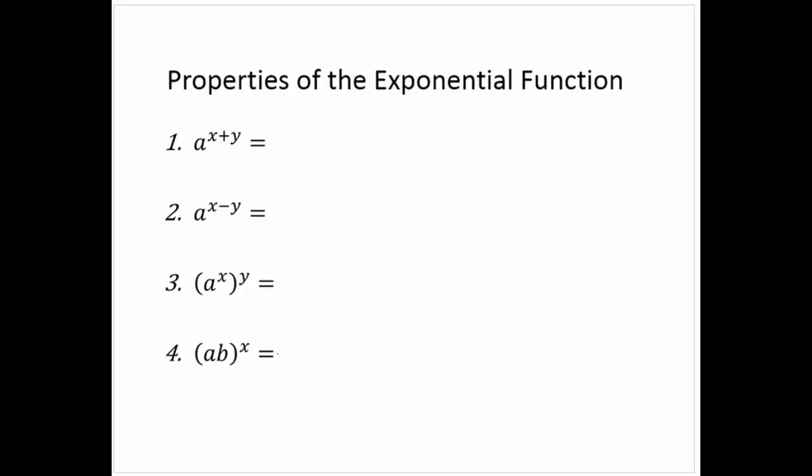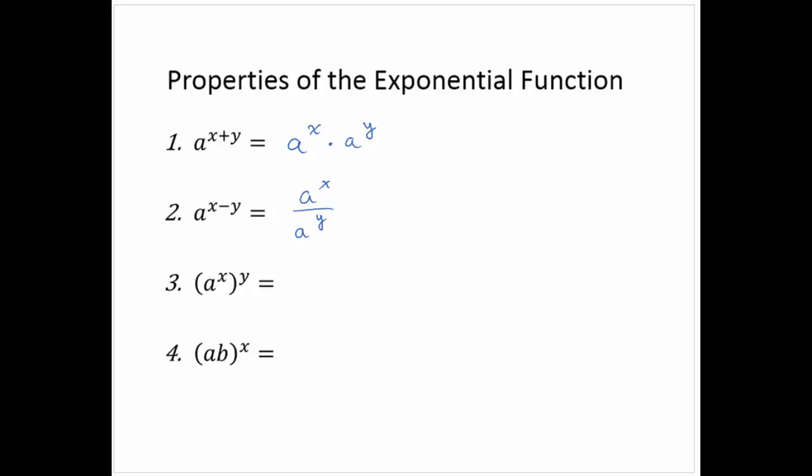Exponential functions have various properties which are important to remember. Recall that if we have a base to a sum, a to the x plus y, we can write that as a to the x times a to the y. You might have learned this as a product rule for exponents. Similarly, a to the x minus y is a to the x divided by a to the y.